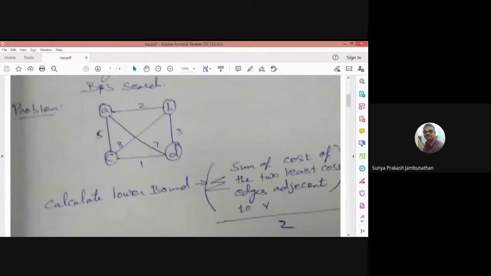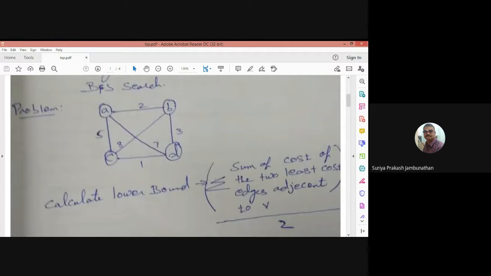So for example, if you are taking A, we have to consider the two least cost edges adjacent to the vertex A. We have three edges here. Among these three edges, we have to consider the edges having the least cost. A to B is 2, A to D is 7, A to C is 5. So A to B is 2, which is the least value.